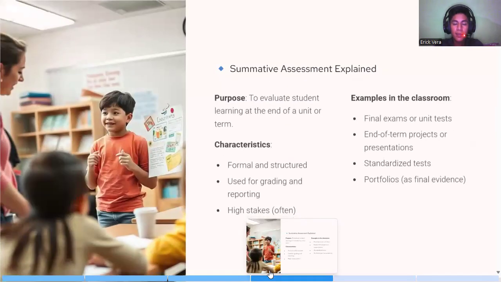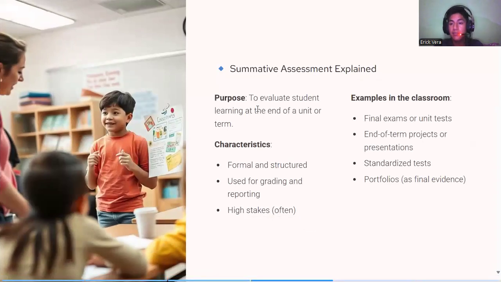Then let's know another characteristic about the summative assessment, the second one. The purpose is to evaluate the student learning at the end of a unit or term. The key characteristic is formal and structured, used for grading and reporting the student knowledge.